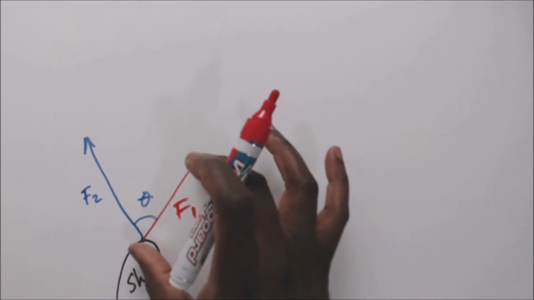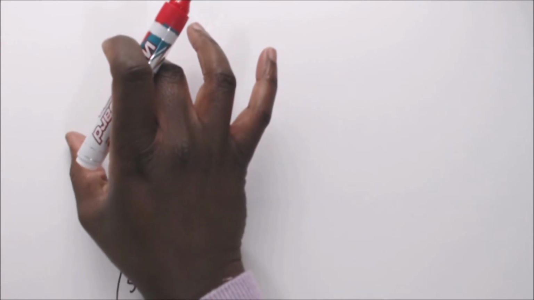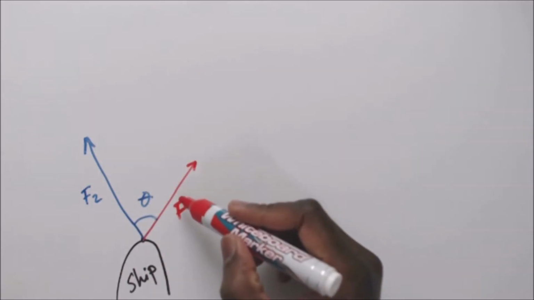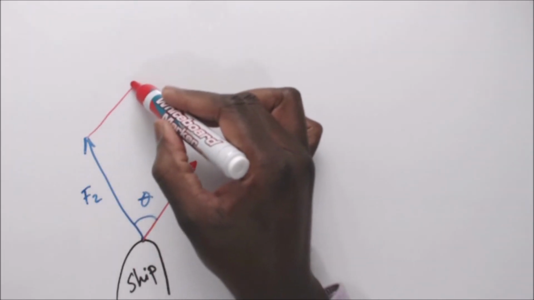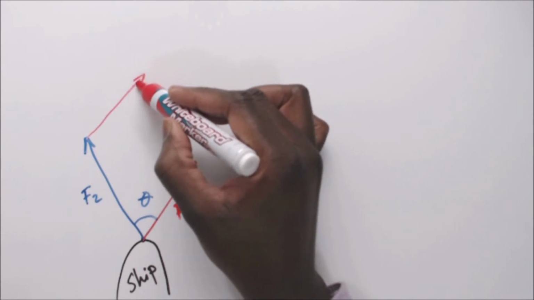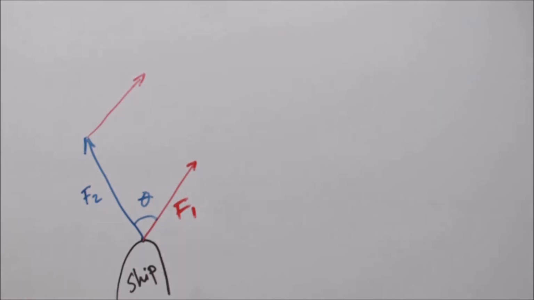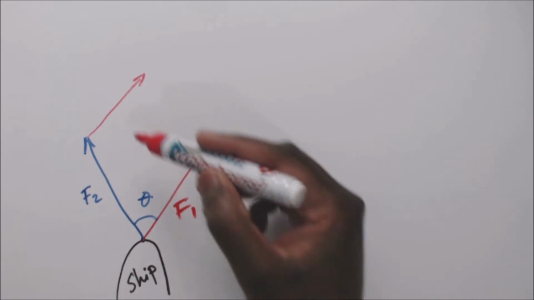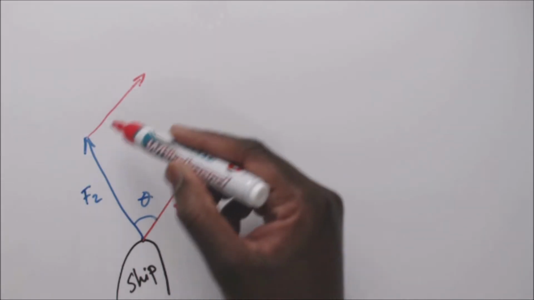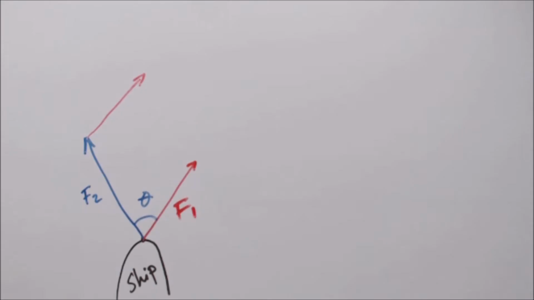I could move F1 to this position here, which you can see. So I can move it from there to there. By move, I mean that I change the position of the directed line segment, but I maintain its size and its direction. And you'll see that I've moved F1 from there to there, but it still has got the same size and the same direction.